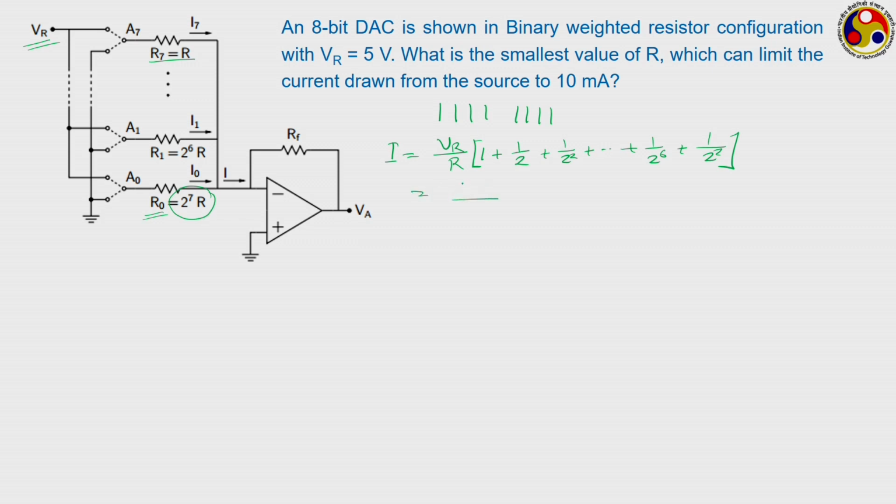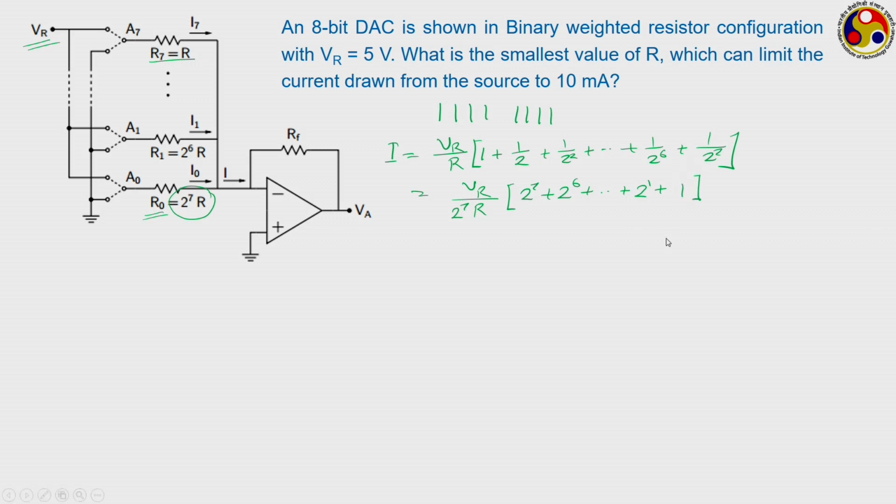Or if we take, just for ease of calculation, 2 to the power 7 out of this, then we have 2 to the power 7 plus 2 to the power 6 plus dot dot and 2 to the power 0, that is 1 here. So, how much should be the value of this? This is just like a geometric progression, is it not, where the smallest value is 1 and the neighboring values have a ratio of 2.